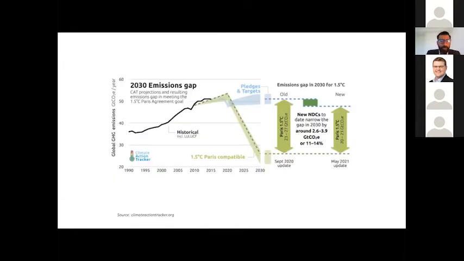If we look here, this is from an organization called the Climate Action Tracker. They are showing the historical emissions globally, as well as the pledges that were made through the Paris Agreement.